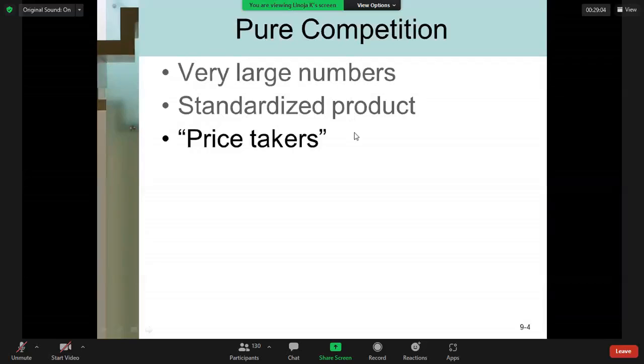Other thing is price takers. What is the meaning of price takers? Price takers means in this market, normally we can't fix the prices, right? Only the supply and demand of the good is going to fix the prices, right? The amount of supply and amount of demand is going to fix it. You know, the equilibrium market condition is brought out by the intersection of the demand and supply curves, right?